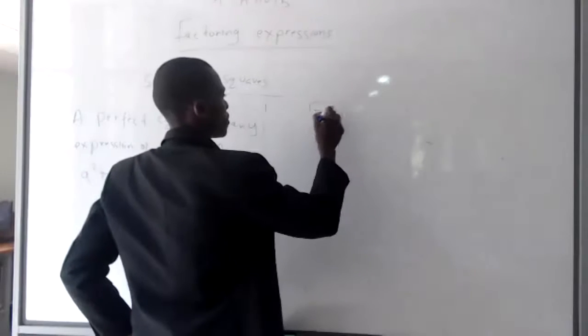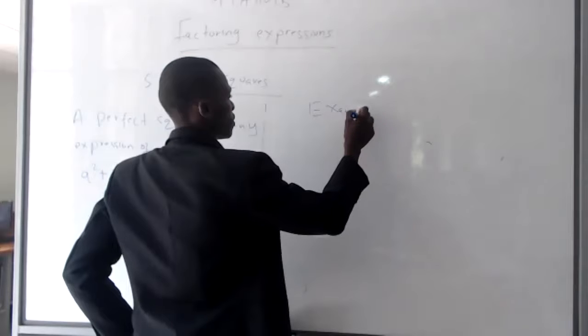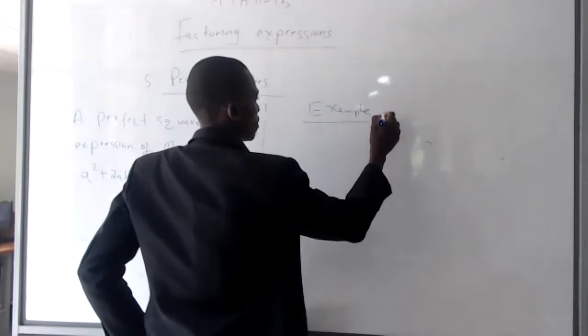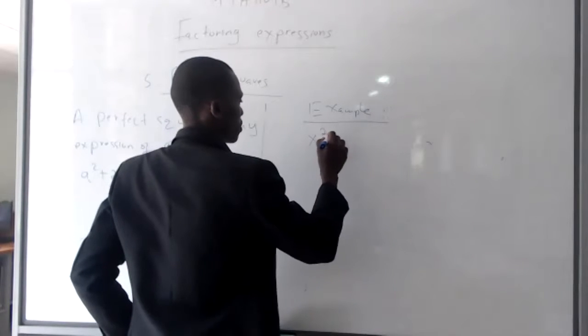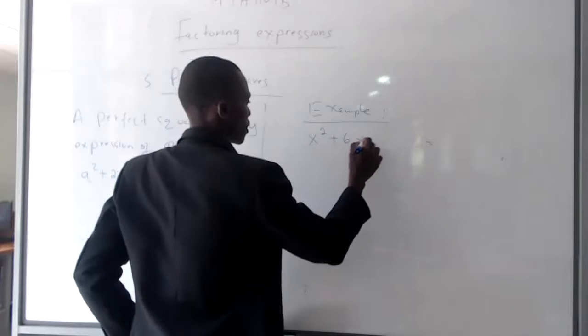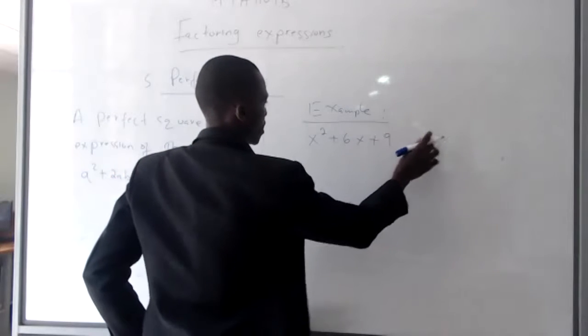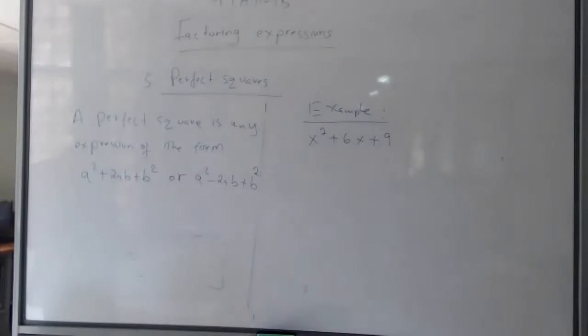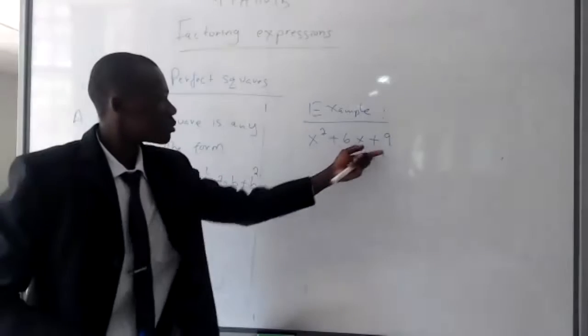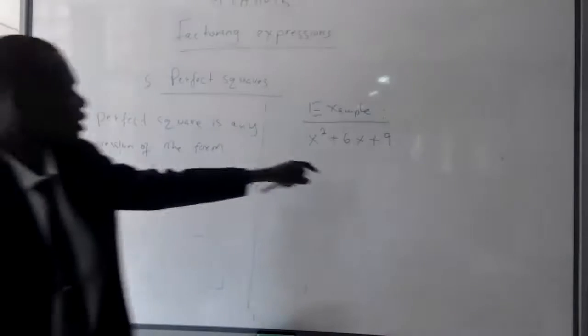For example, we have factorized this example before, x squared plus 6x plus 9. We factorized this by, was it by grouping? Yes, it's a trinomial we factored like this before, just today.